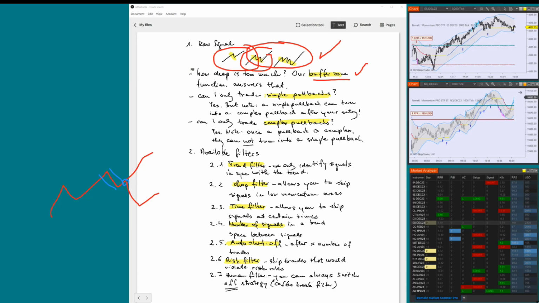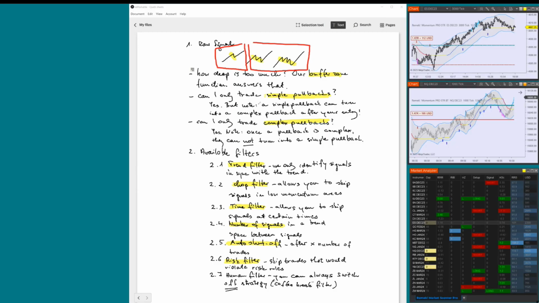And there's nothing I can do about it. It's a fact of life. And then the question becomes, is it somehow possible to only enter simple pullbacks or only enter complex pullbacks?